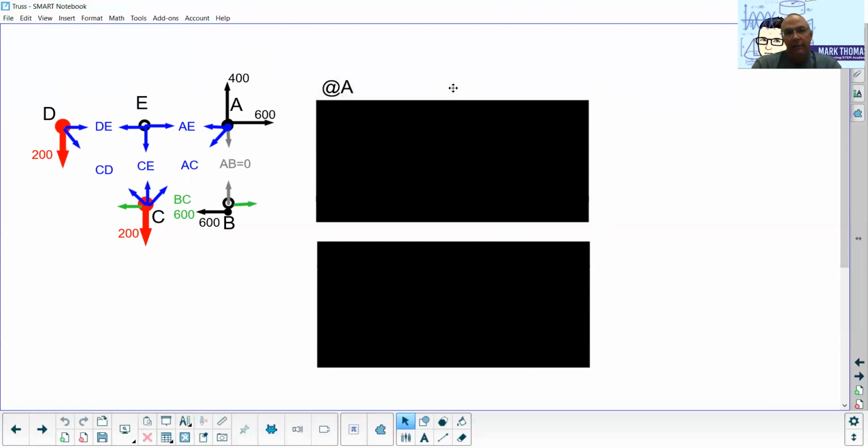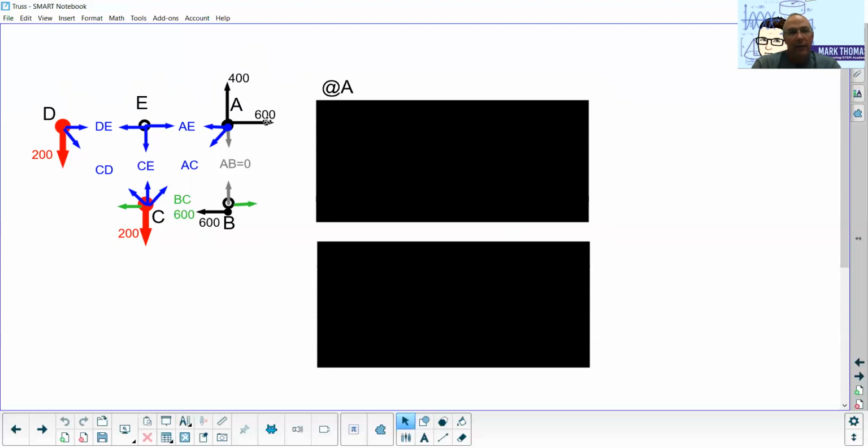Okay, at A, that just happens to be the next one I'm going to pick. By the way, we could have started at any one of the joints. I'm going to go ahead and come in at A and figure out what we have. You'll also notice right here that I put AB equals 0, and I put those in gray. So it's technically not in tension or compression. So at A, I have these 4 forces left. I had this 5th one here that was zeroed out.